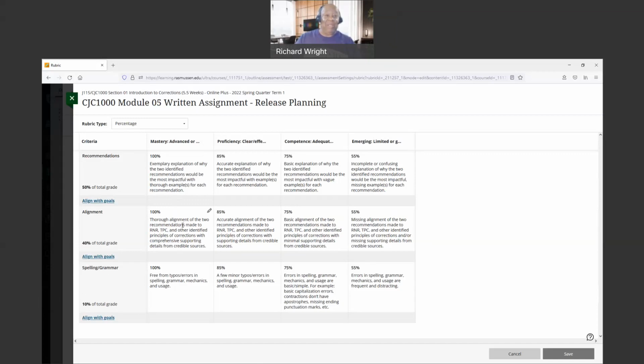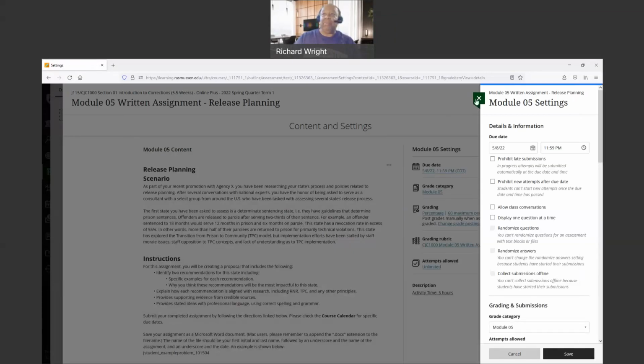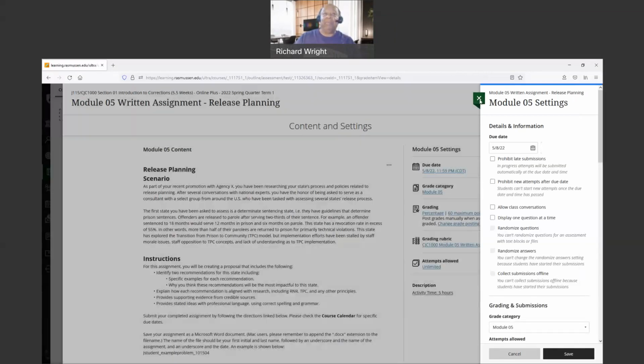That's what it says, free from typos, errors, and spelling mistakes. If you have no credible sources, you're going to end up over here, very simply. Some students say, well, that's a small portion. No, it isn't. Following the rubric is essential to getting good grades. I say that all the time.